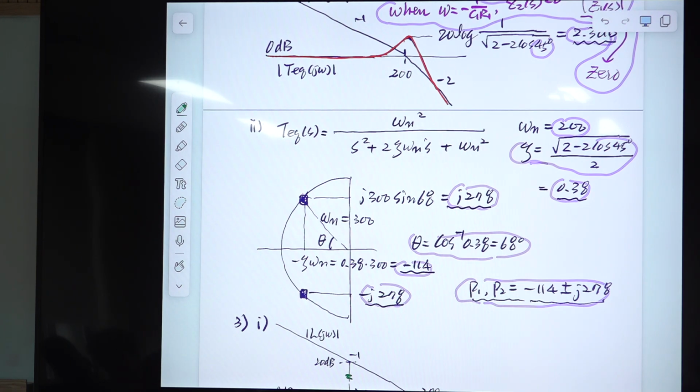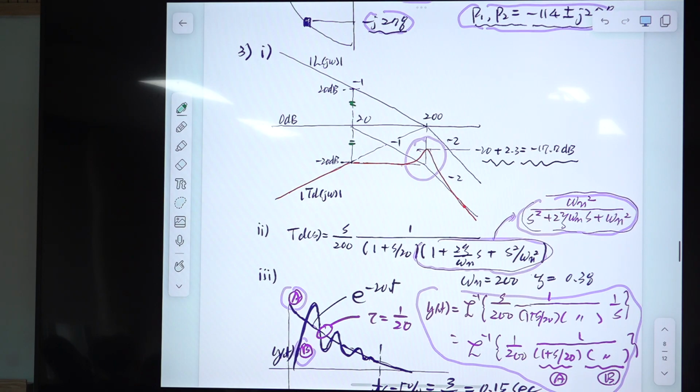Third problem is derive TDS. Okay, derive TDS. So this plot is GS. This is GS, right?